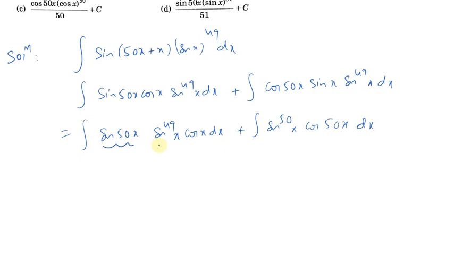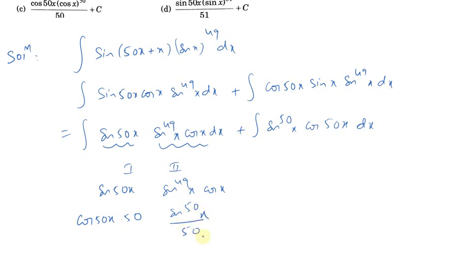And we can calculate integration by parts for this by taking the first function and the second function like this. The first is sine 50x and the second one is sine power 49x into cos x. First function derivative is nothing but cos 50x into 50, and for integration, if I take sin x equals t, cos x dx will be dt, t power 49 integrates to t power 50 by 50, that will be sine power 50x by 50.